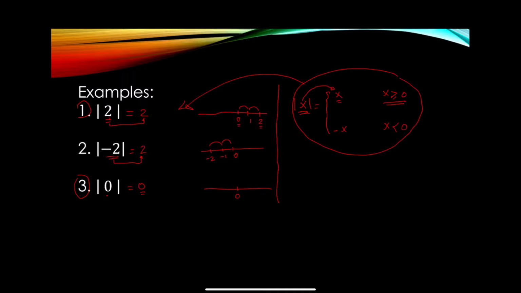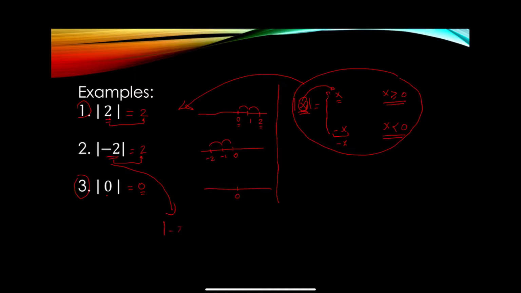Now, this x could be positive and could be negative. If what is inside the absolute value is negative, which means less than 0, then multiply by negative. This means take x and multiply by negative. This is exactly the case here.